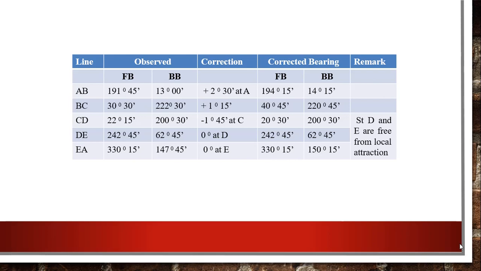In this video session I cleared the concept of whole circle bearing, reduced bearing, forebearing, back bearing and the included angles of closed traverse as well as open traverse, what checks are applied, and at last the numerical based on local attraction.